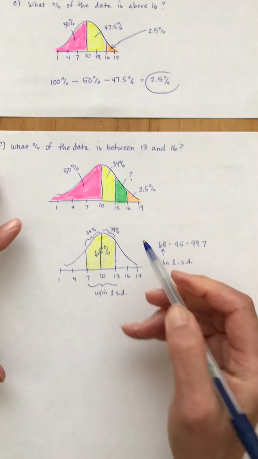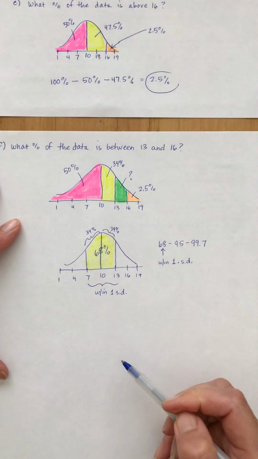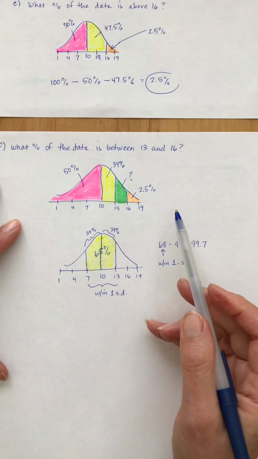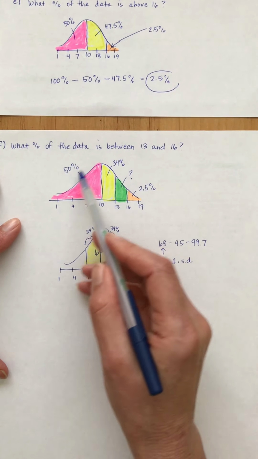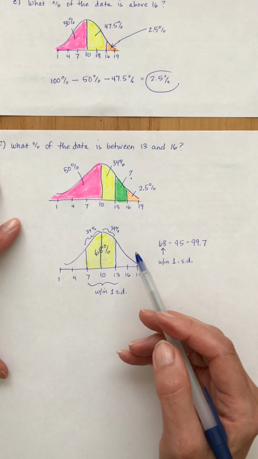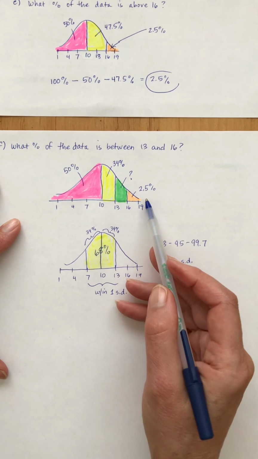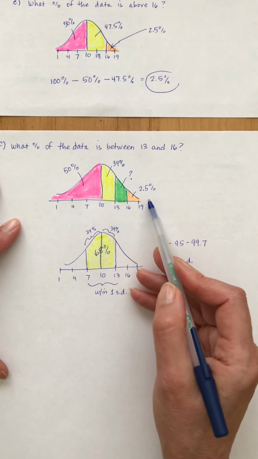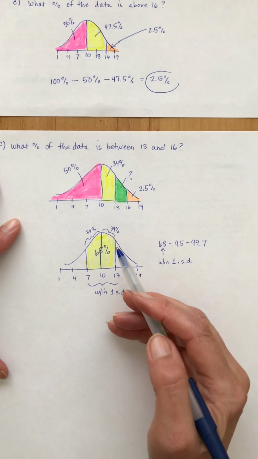Now, are we going to be able to find the green part? Well, you know the whole area under the curve is 100%. If we subtract off the things we don't want, we should be left with the green.